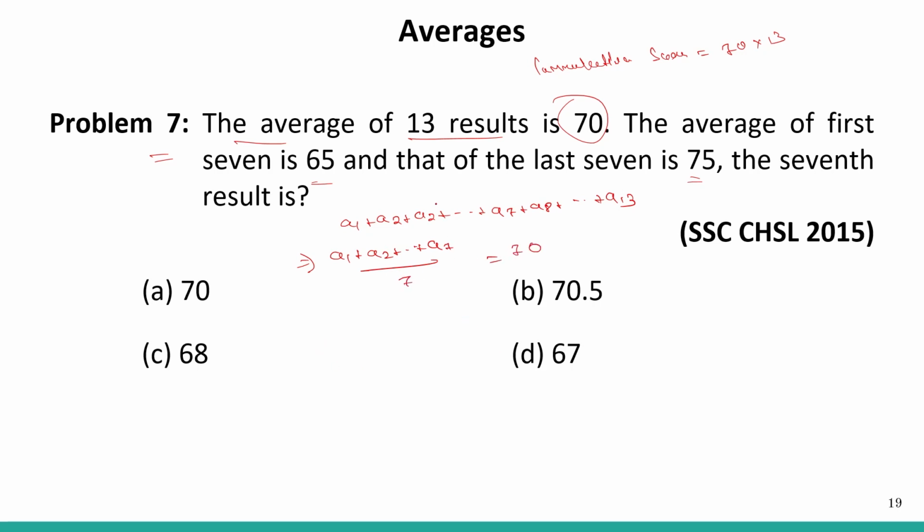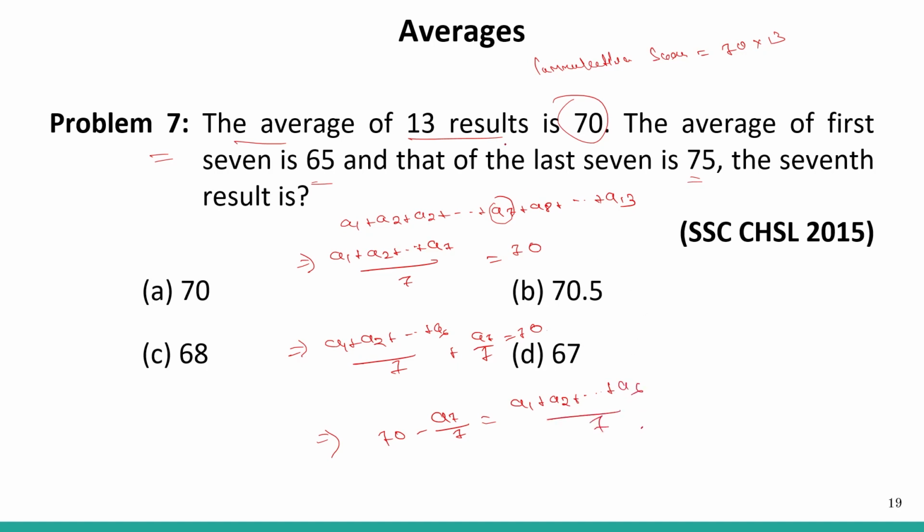So let the 7th term be a7, right? So this implies that a1 plus a2 plus up to a6 by 7 plus a7 by 7 is equal to 70. So this implies that 70 minus a7 by 7 is equal to a1 plus a2 plus up to a6 by 7.